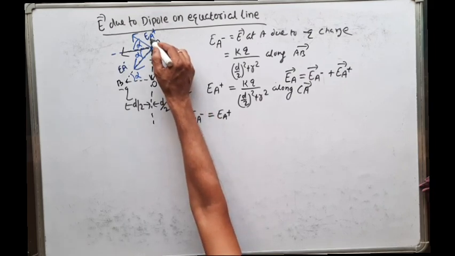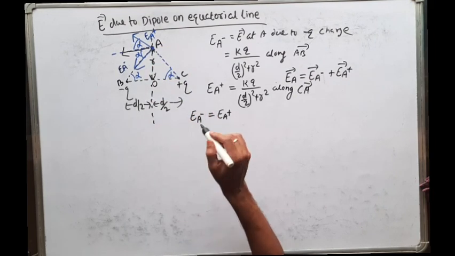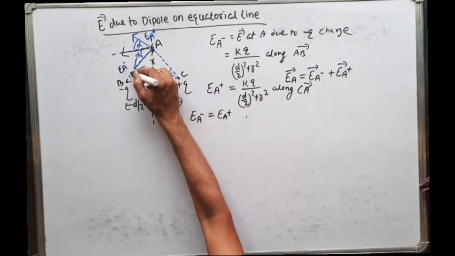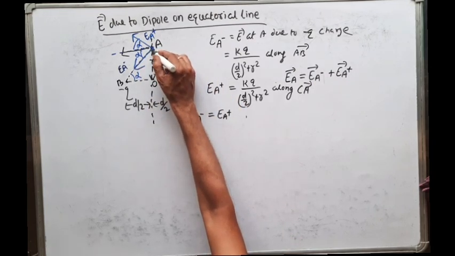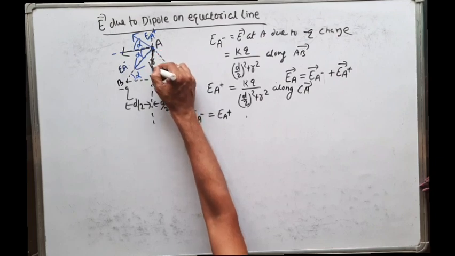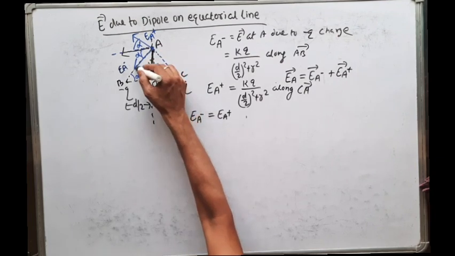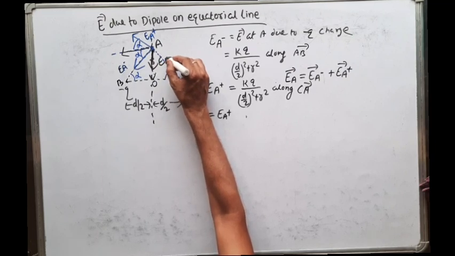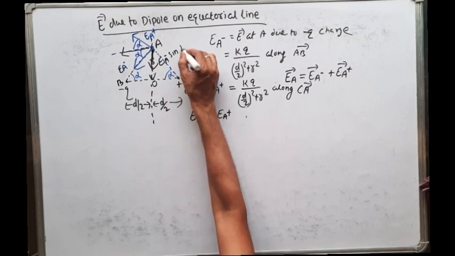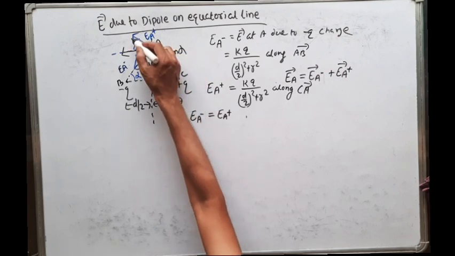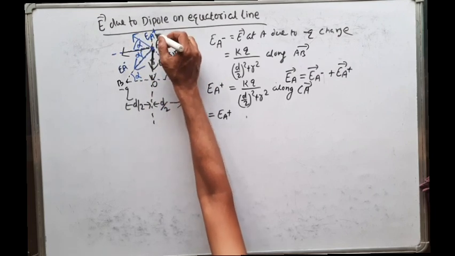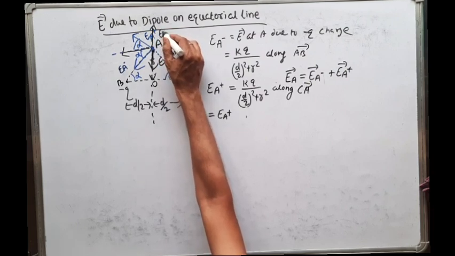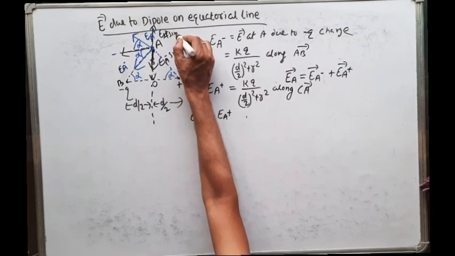Now if I calculate the y component, what is the y component of the EA minus vector? This will lie in which direction? The negative direction. What is the value? EA minus sin alpha. And what is the y component of this vector EA plus? It will lie along the vertical y direction, which is equal to EA plus sin alpha.